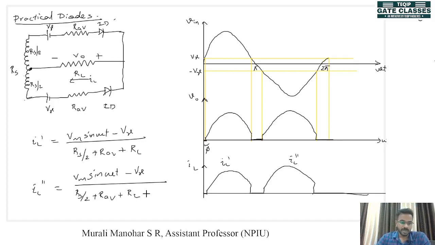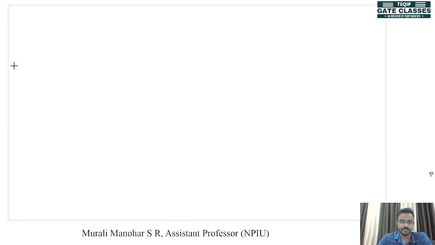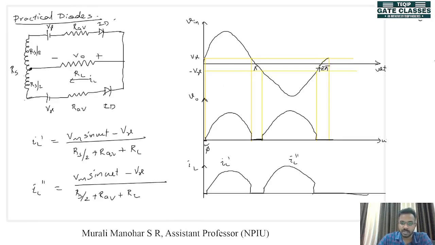Now if the diodes were different, V gamma in these two equations will be different. Also RAVs will be different. Now if we look at the conduction angle, you can see that previously it was 2 pi. When we introduce practical diodes, there is an angle phi for which there is no conduction.